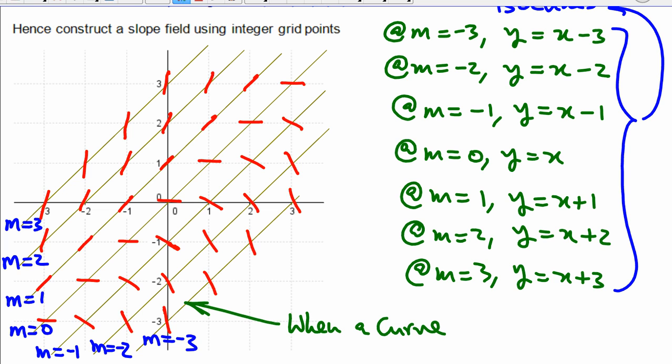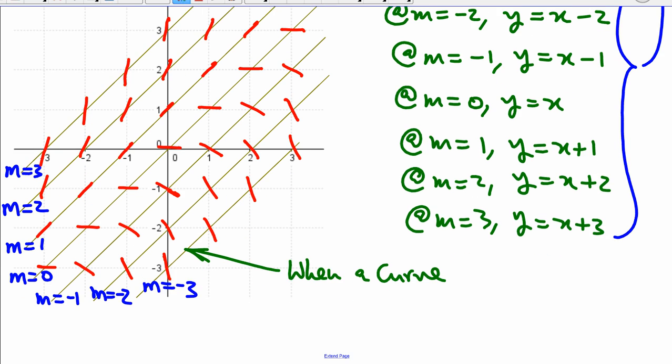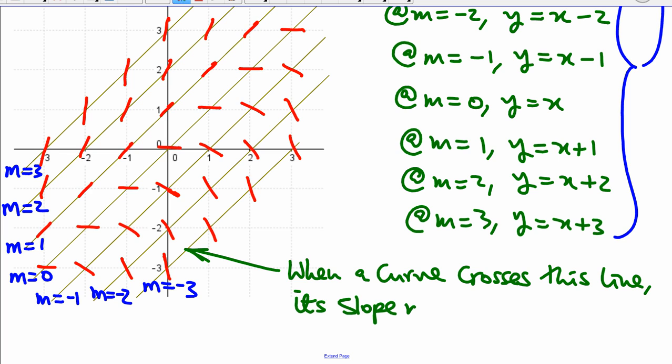What I'm trying to write here is that when a curve crosses this line, its slope must be not 0 but negative 3.